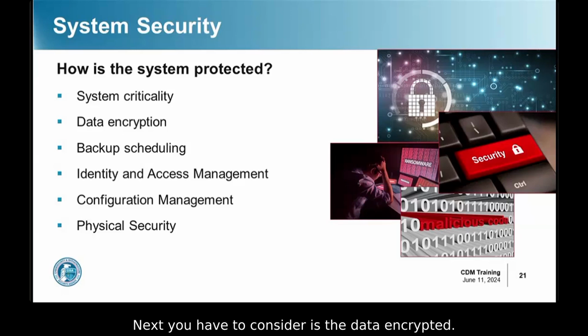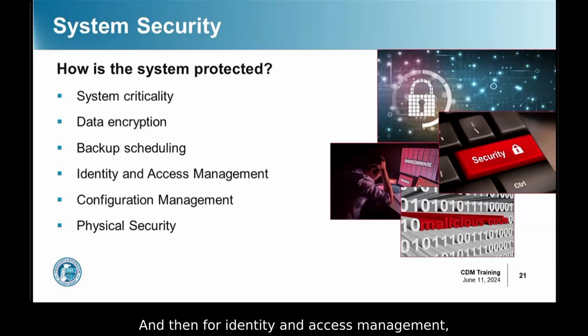Next, you have to consider, is the data encrypted? I remember during the exercise earlier, we talked about encryption. I think that came across each one of those columns that we had for confidentiality, integrity, and availability. And so, is it encrypted? Is there a backup schedule? And what is that strategy? Regardless of the backup platform, a best practice is to have a backup plan that covers the actions associated with your backup strategy.